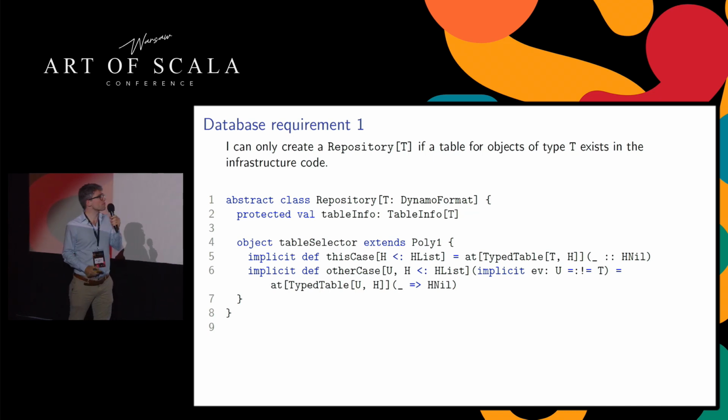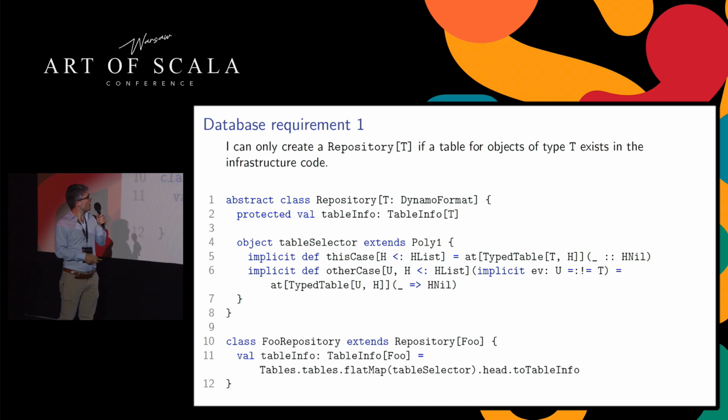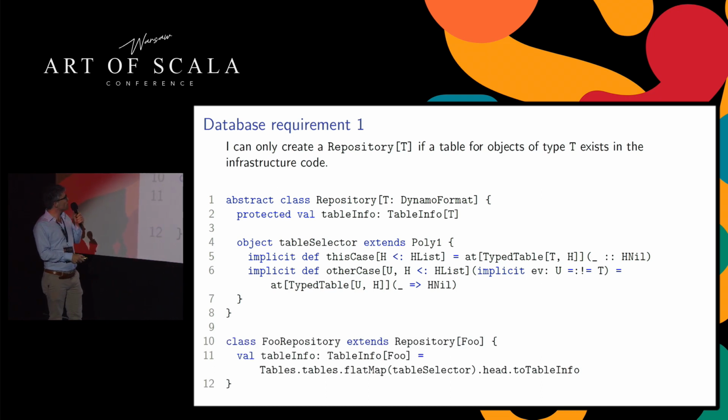And there I create this protected val table info of type T. So I have a repository of type T, and I need a table info of type T. And when I want to implement this thing, in some way I need to find a way to create a value for this thing, because otherwise the class needs to be abstract and I can't create this class. So then I have to go to my tables list that I defined earlier and select in some way the table of the right type.